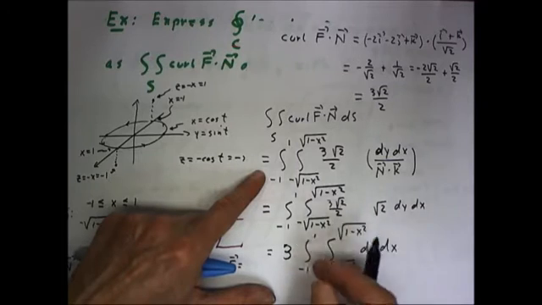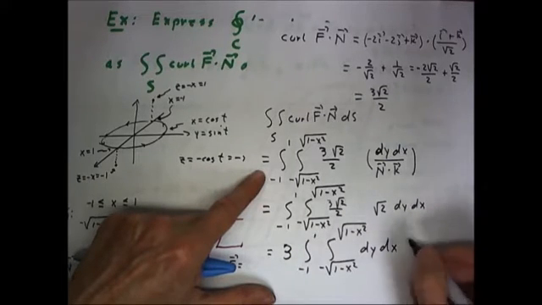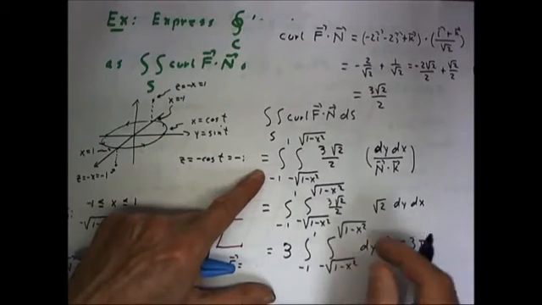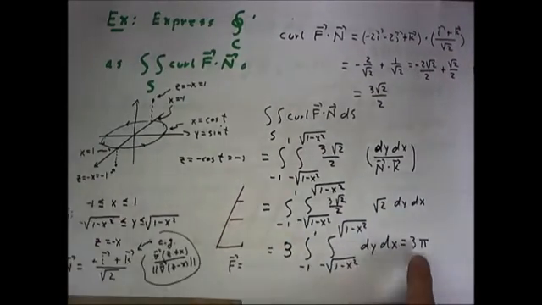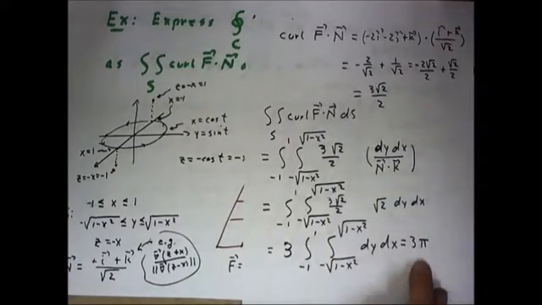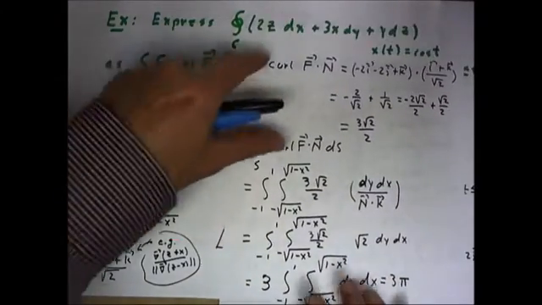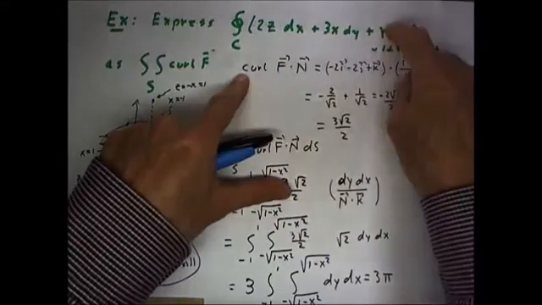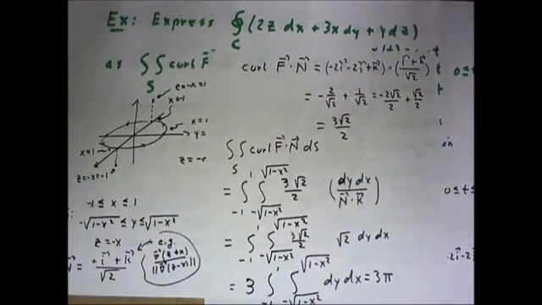This is nothing but the area of the unit circle. So without even going to the trouble of doing the integral, we know that this integral is going to be pi. And if we've done everything correctly, then we've established that this original integral equals 3 pi.